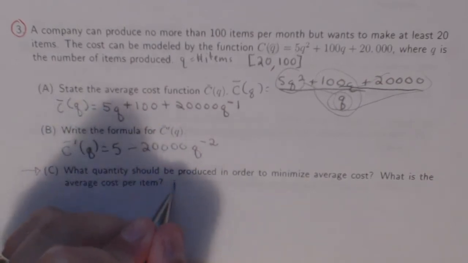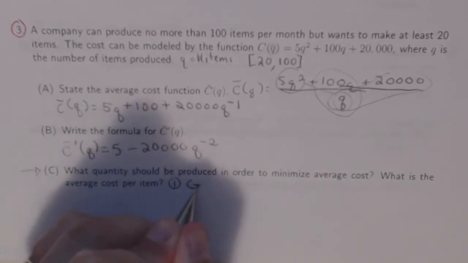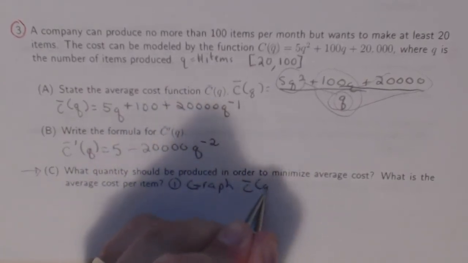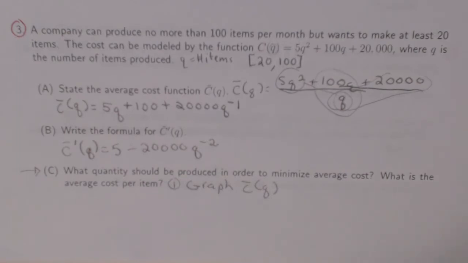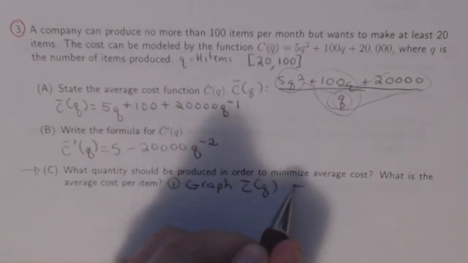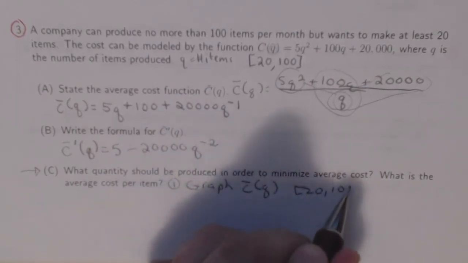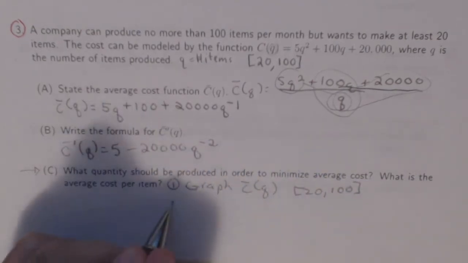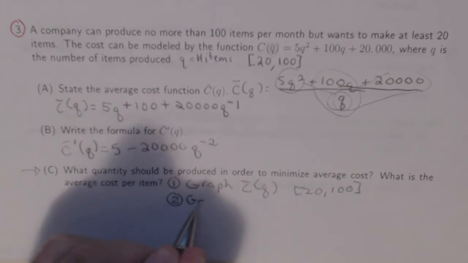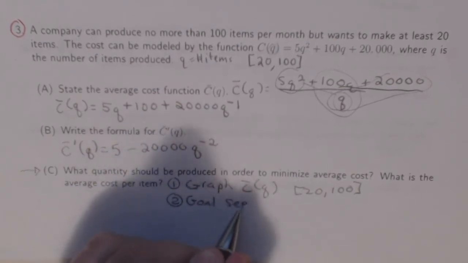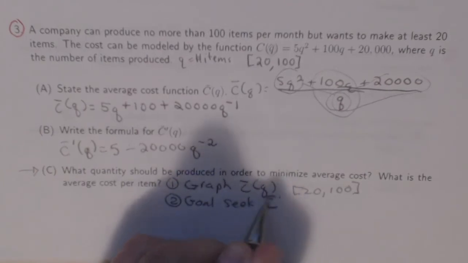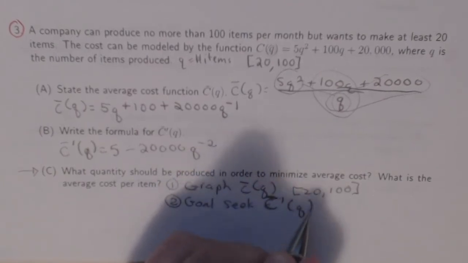So we are going to graph, not the derivative, but graph C bar and locate the minimum. And we're going to graph it with a domain from 20 to 100. And then to find the minimum, we're going to goal seek the derivative C bar prime of Q to 0.